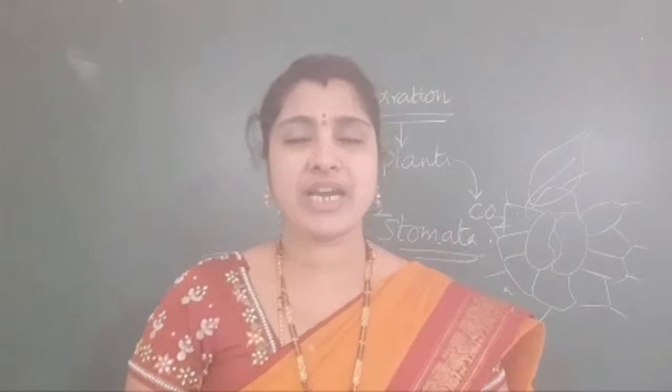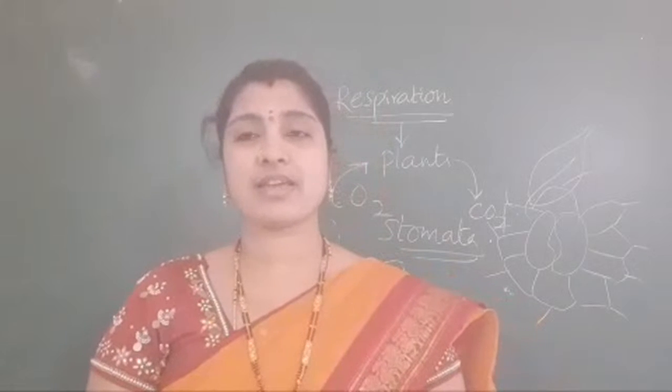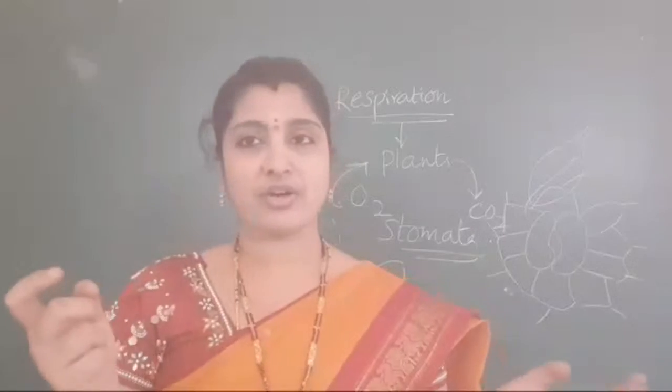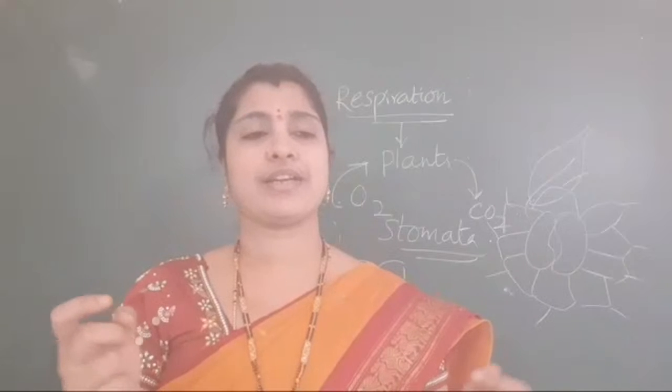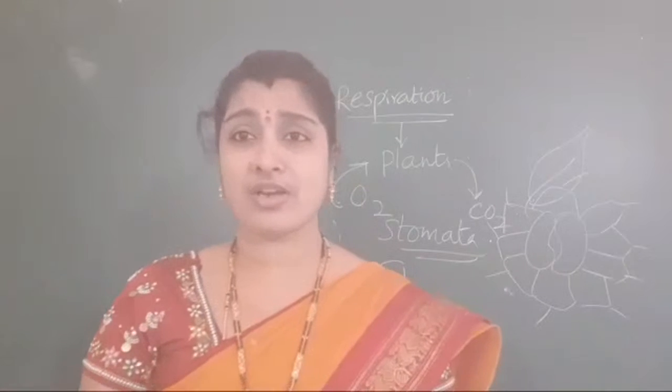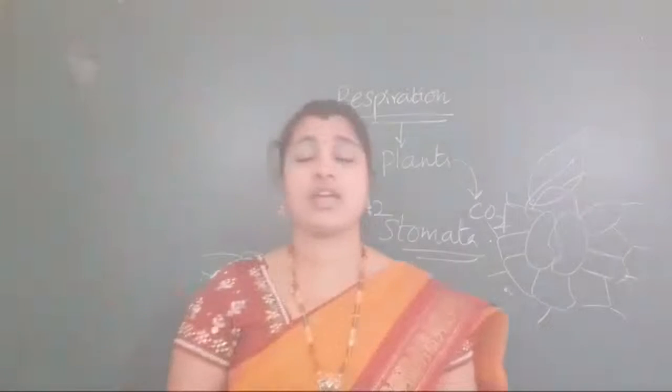So, a student asked a question: why can't oxygen reach all the body parts in big animals? I will give you an example. Generally, we drink tea, coffee, Boost, Horlicks, Bournvita and so on.